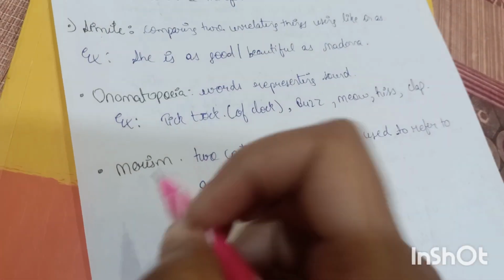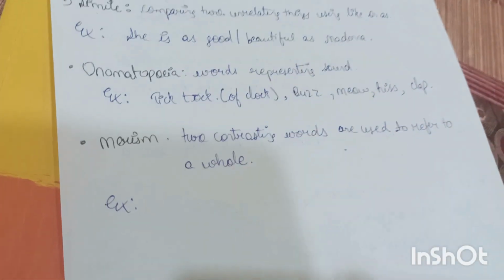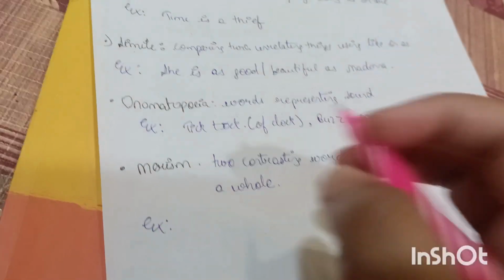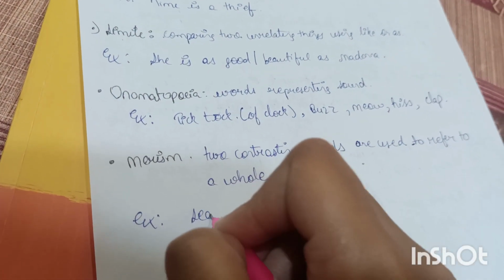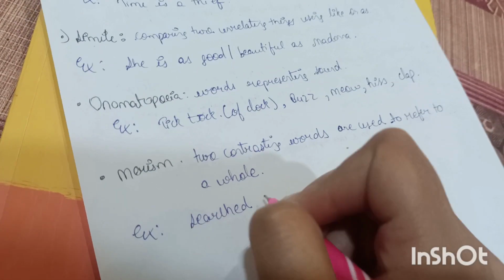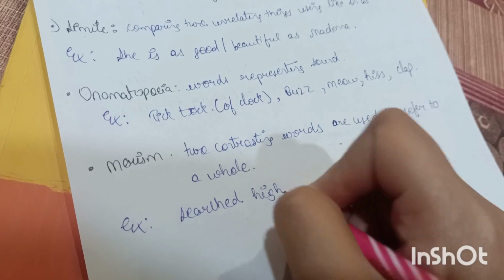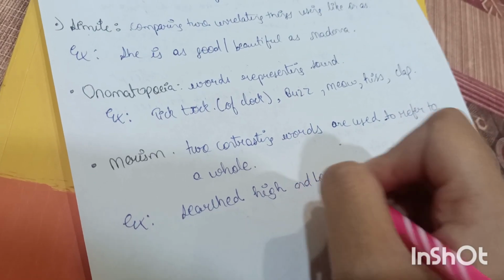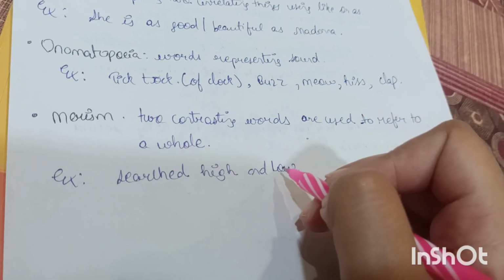Okay, so let's see the example for this. Searched high and low. Okay, so what this means is that we are searching everywhere.